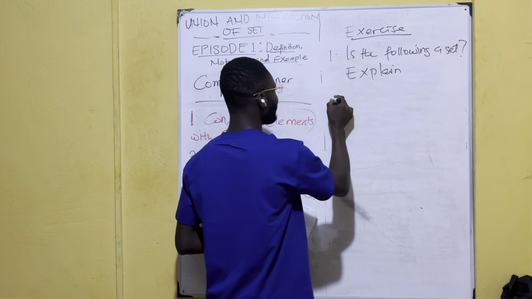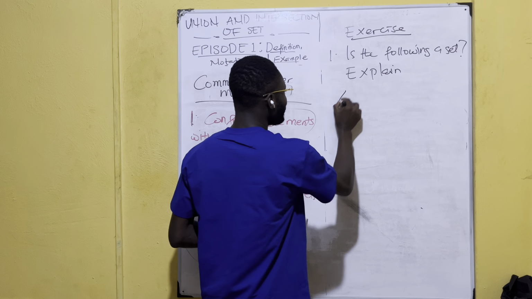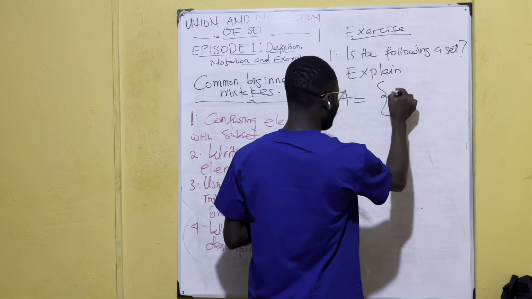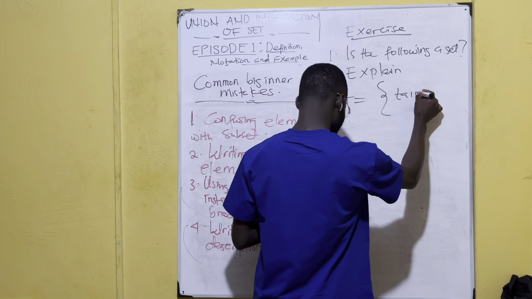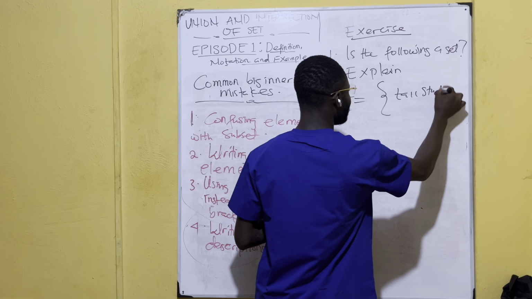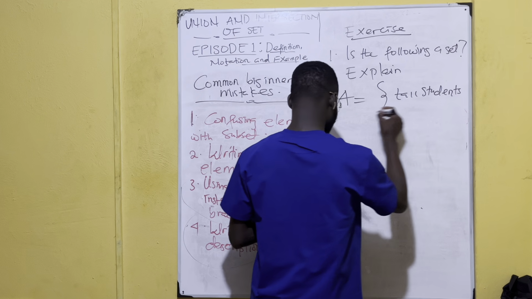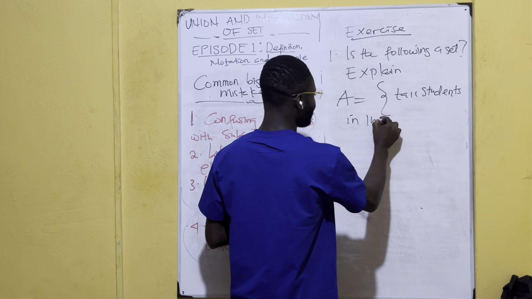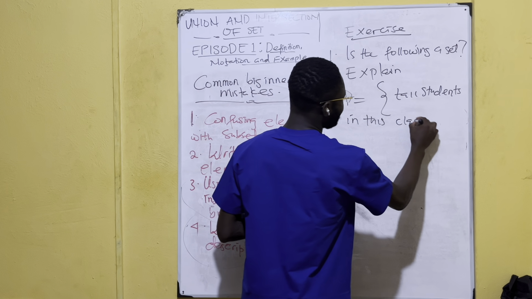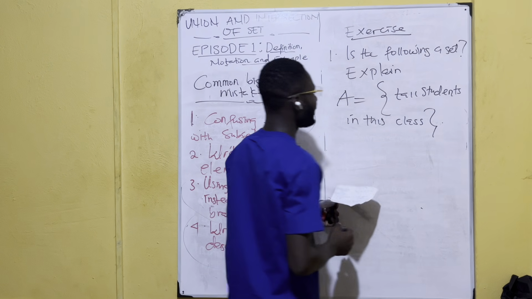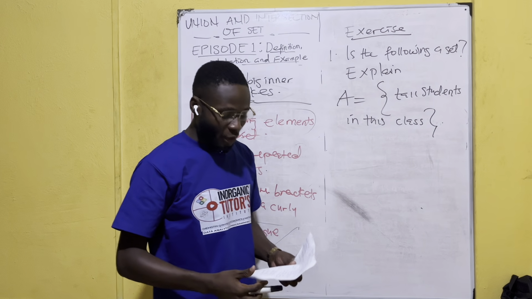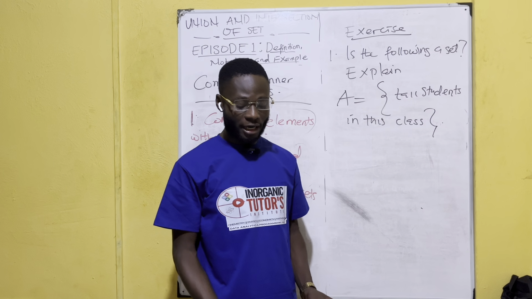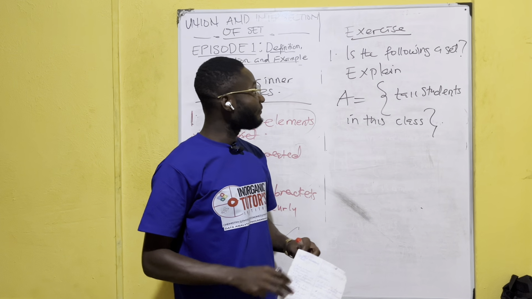Make sure you leave it in the comment section. So this is the set: tall students in this class. This is what I'm leaving for you as an exercise or a trial work. That is the first one.